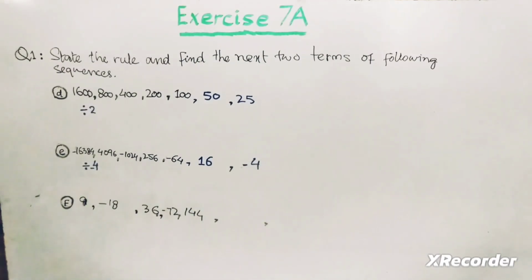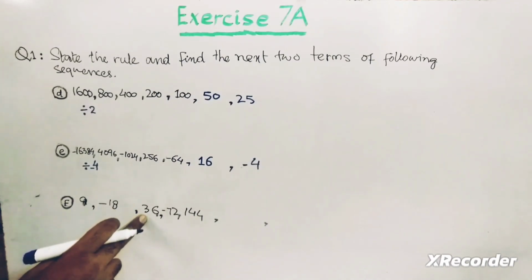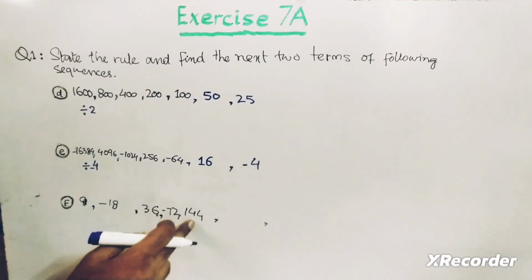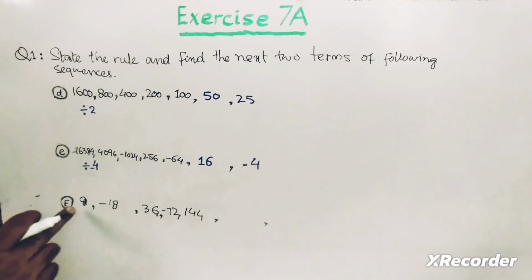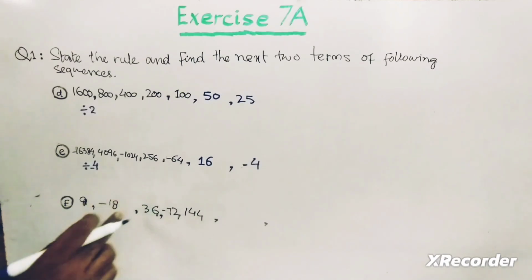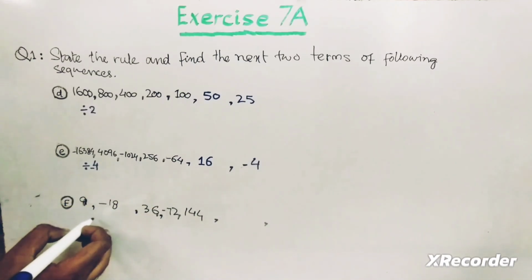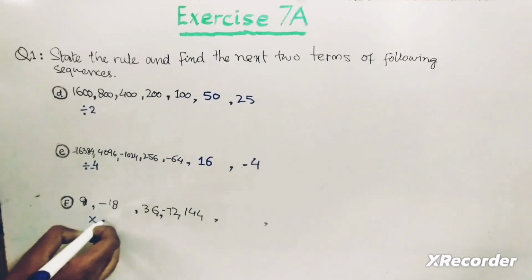Part F, first term is 9, second term is minus 18, third term is 36, minus 72, 144. So as we can see, the next term is twice the previous term, 9 to 18, but with a minus sign. And similarly 18 times 2 is 36, but positive 36. So the rule is multiply by minus 2.